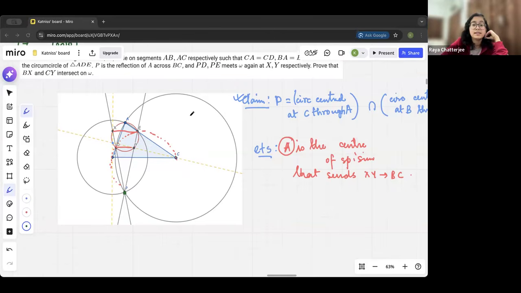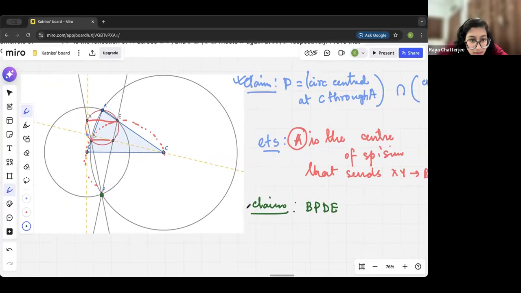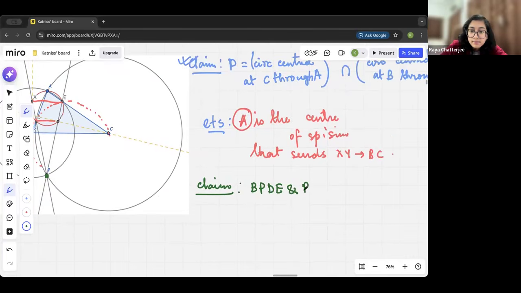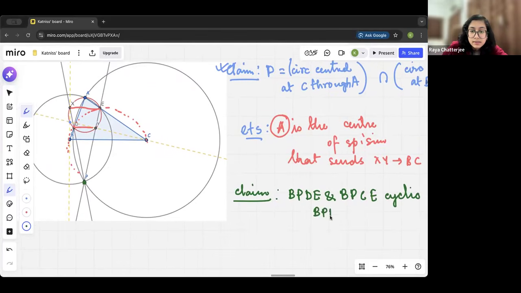I'm going to make just one claim, which suffices here. Can you notice that BPDE and BPCE are cyclic? So basically BPDEC is cyclic.